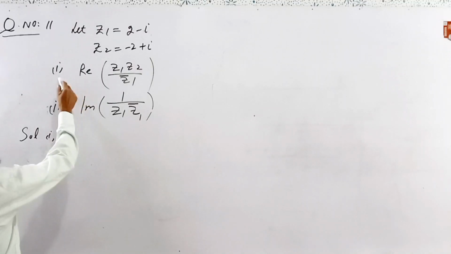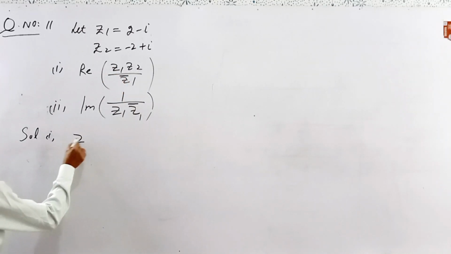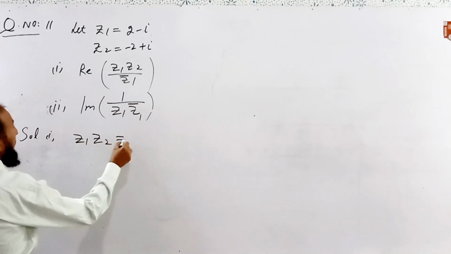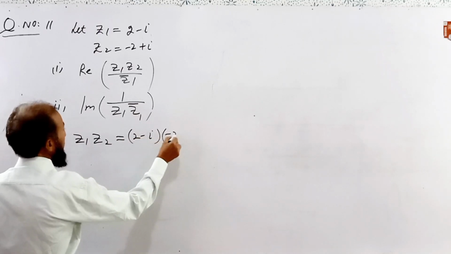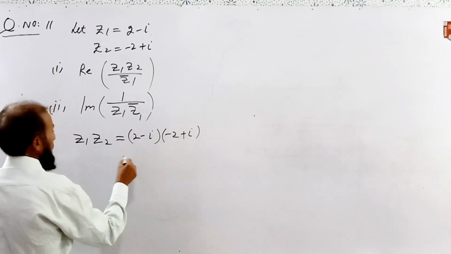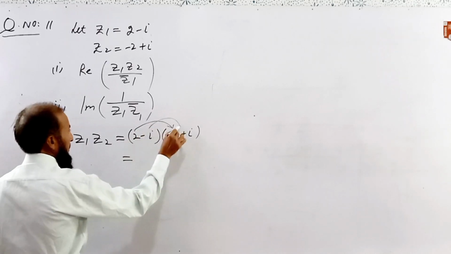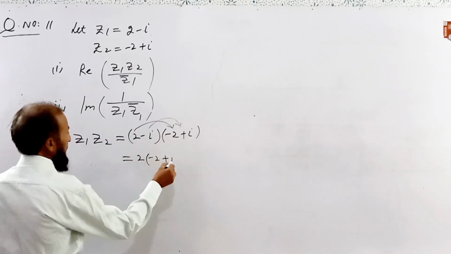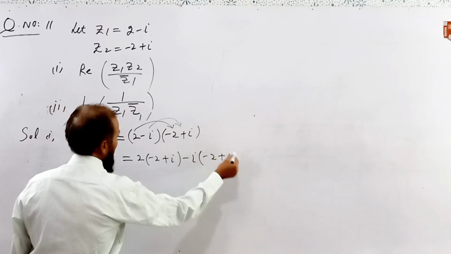First of all, in the first part we are required z1 multiplied by z2. Consider this term: 2 minus iota into minus 2 plus iota. So we open this term, multiplied and also this term is multiplied to both terms: 2 and minus 2 plus iota.